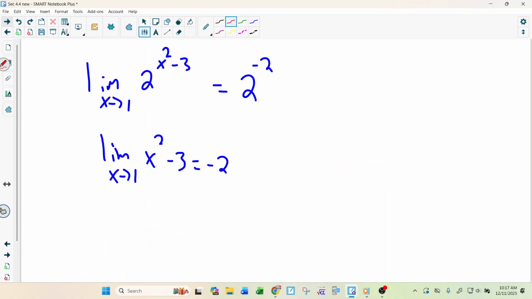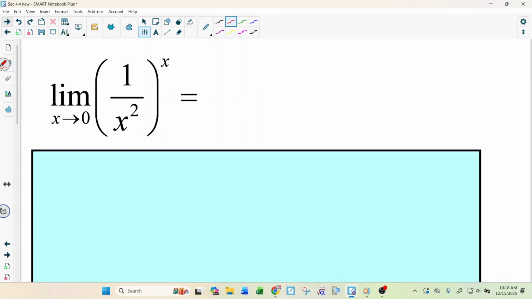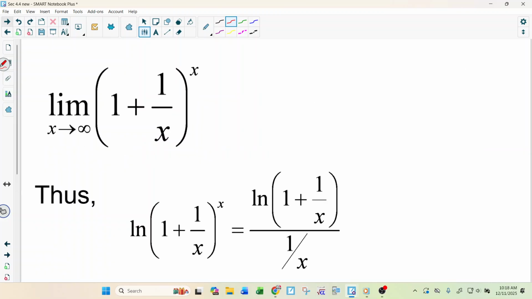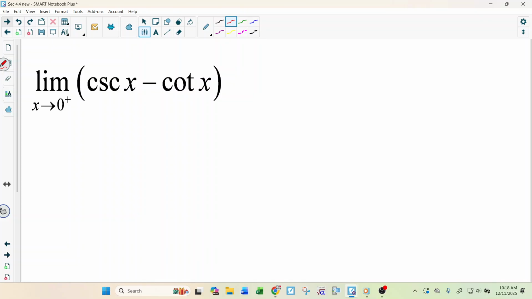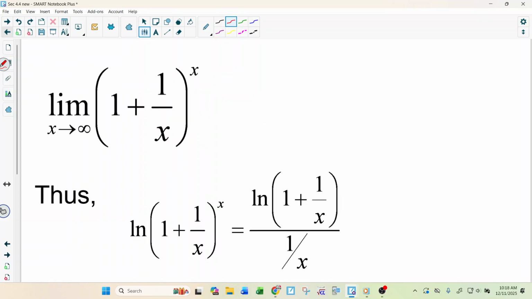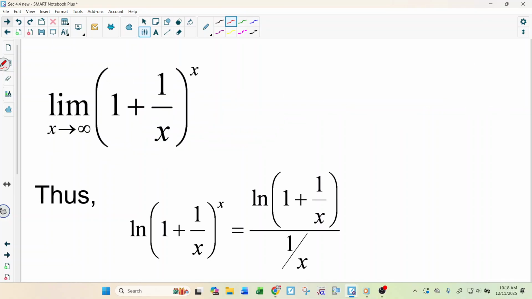All right, let's try another one where we have to do this e to the natural log. Let's see, where do I want to... All right, let's skip that one.